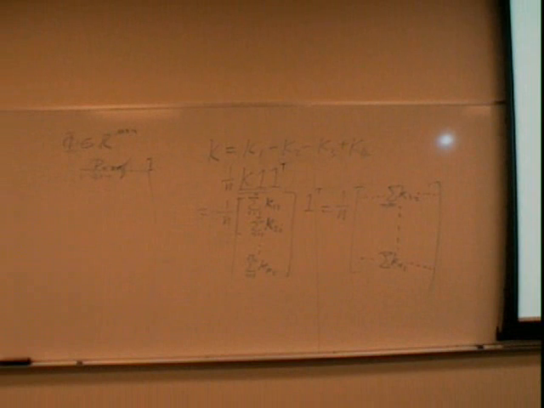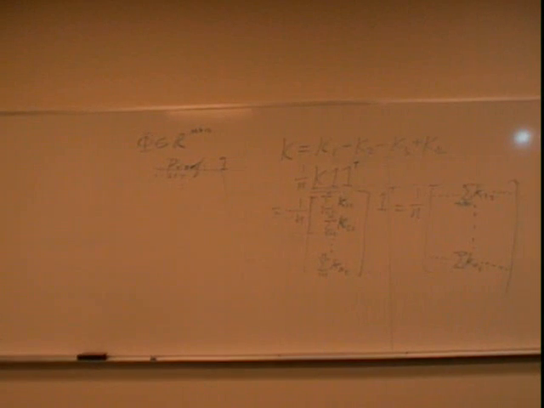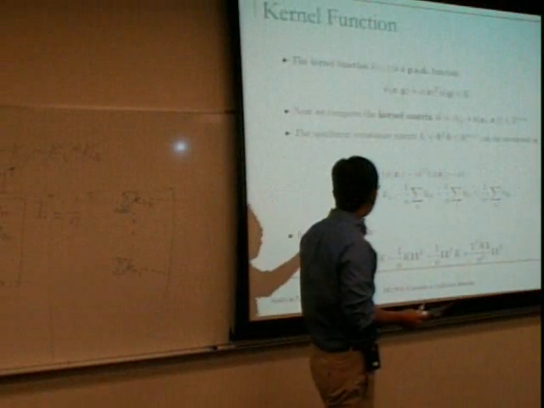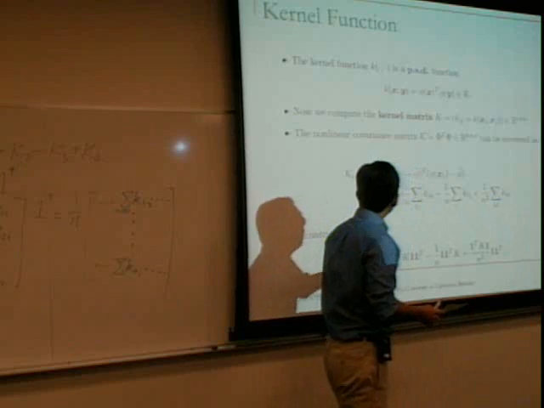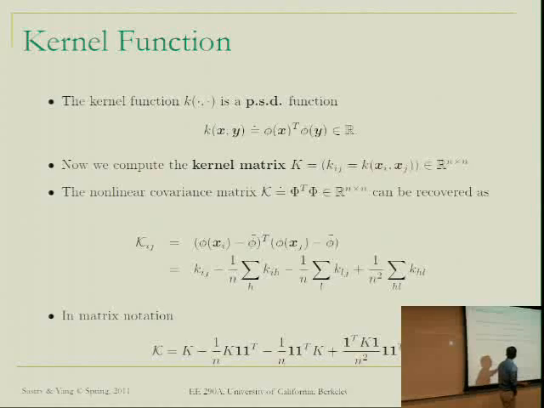Based on the kernel function, we can get hold of the so-called kernel matrix, by the definition of the kernel function. Then from this equation, I get a representation of my nonlinear covariance matrix K as some manipulation of the kernel matrix.